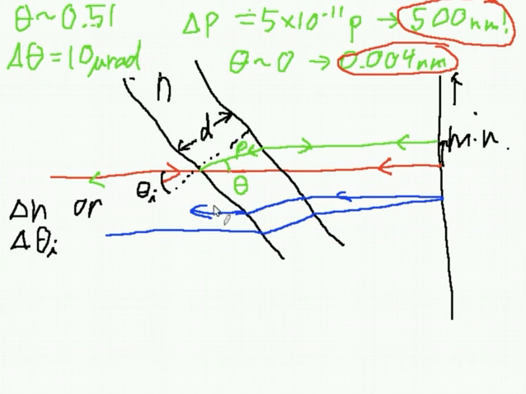So now I hope you can see that the problem is much more complicated here than it was in the normal incidence case. And in fact, if you move this mirror to a different place, it's going to change the interferogram again. It's going to change what the interferometer sees.